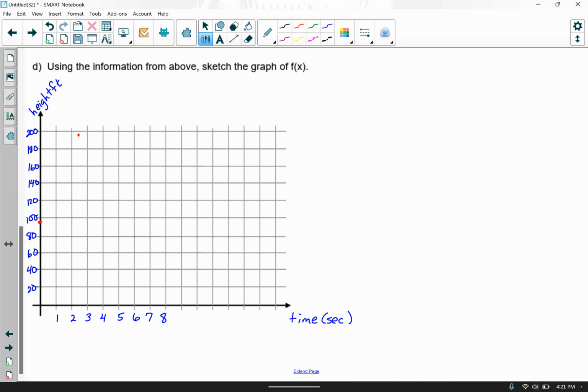So roughly about right in there. And the ball hit the ground after 6 seconds. So this sort of follows the trajectory of that ball, like so. Here's my initial height. It traveled up, up, up, up, up until it reached its maximum height, and then it came back down, and at 6 seconds, we found just a few minutes ago, that's whenever it was hitting the ground.